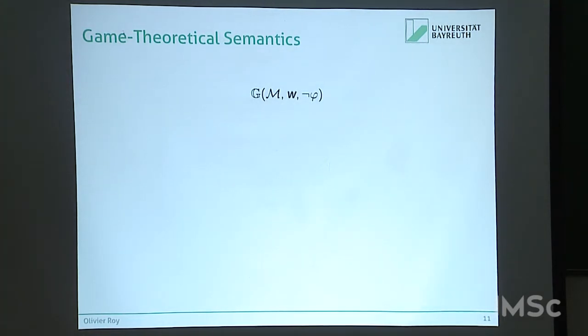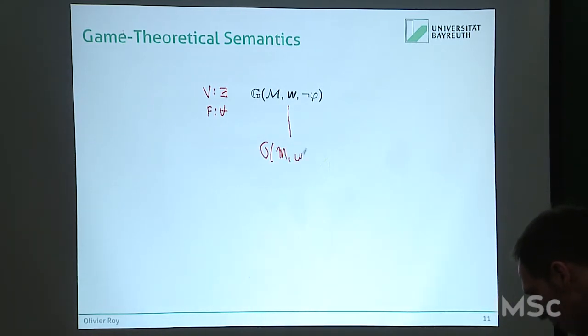Negation is a role switch, and this is where the verifier and falsifier roles are actually good. Suppose we start the game with Eloise as verifier and Abelard as falsifier. If we enter a negation, what we do is continue on phi, except that we switch roles.